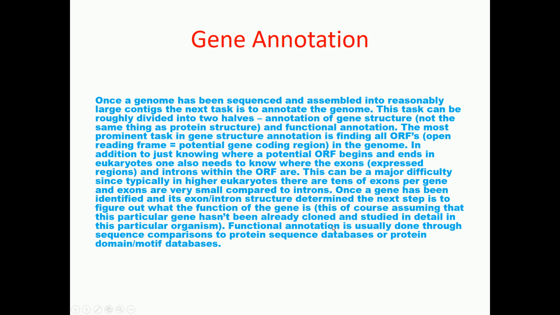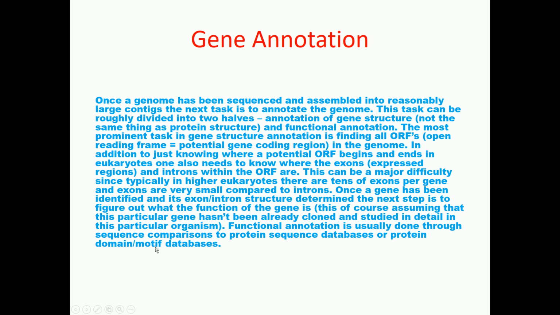Functional annotation is usually done through sequence comparisons to protein sequence databases or protein domain and motif databases. It can be done if you know what kind of protein your gene is going to make. You can compare your protein with the other proteins present in the database.